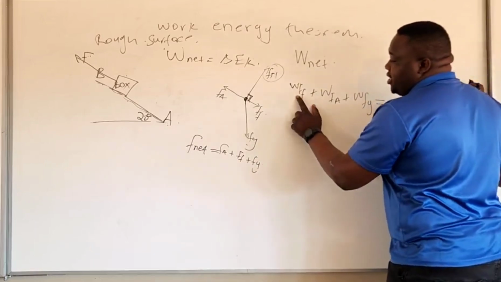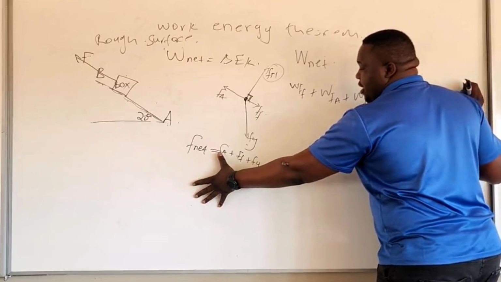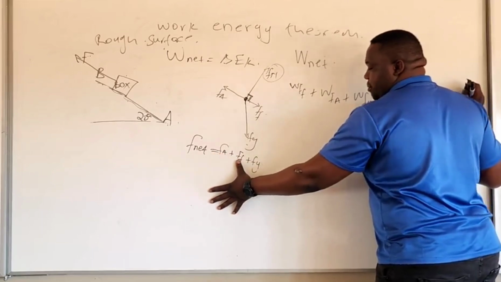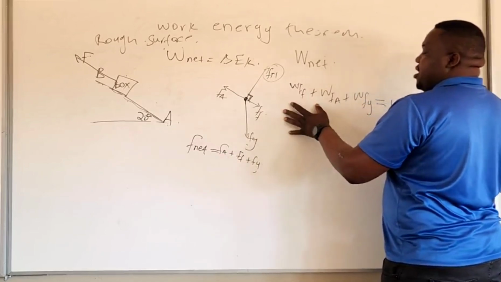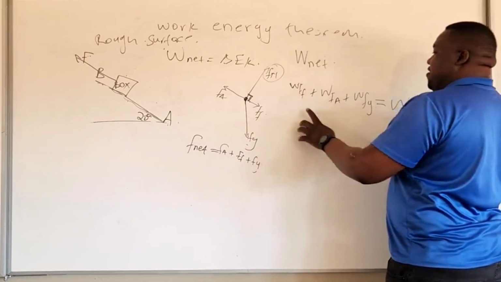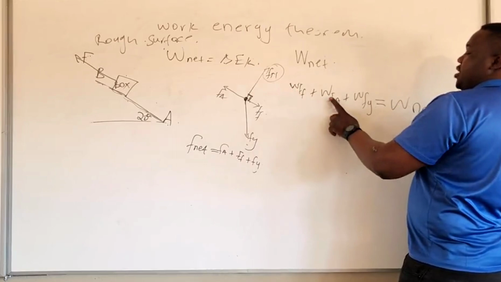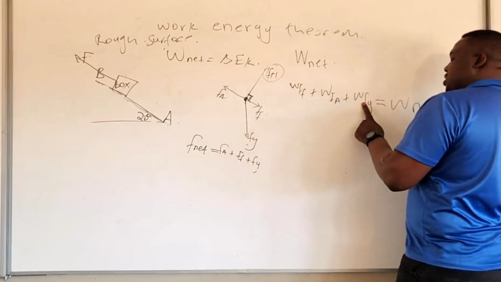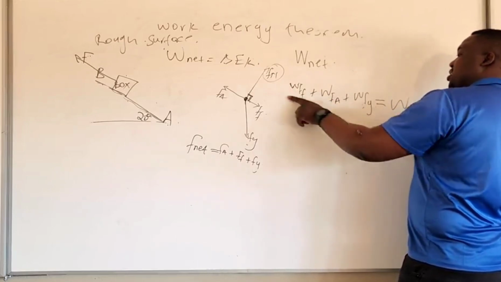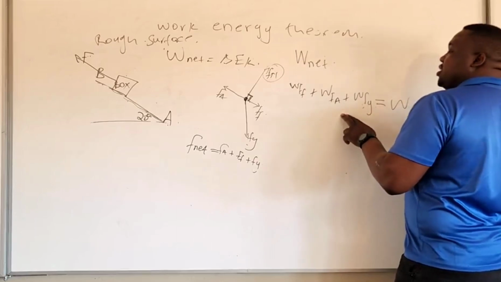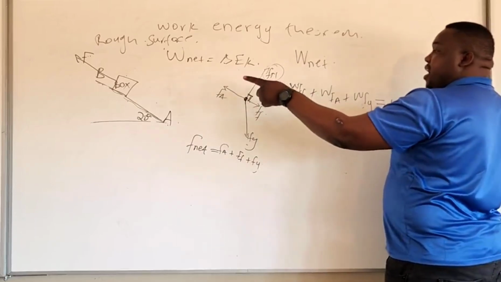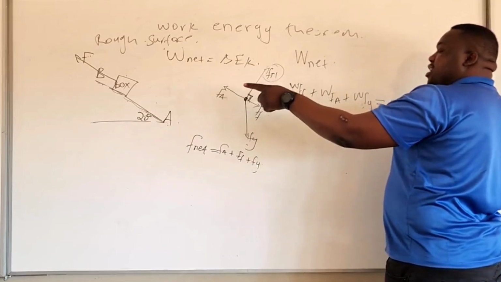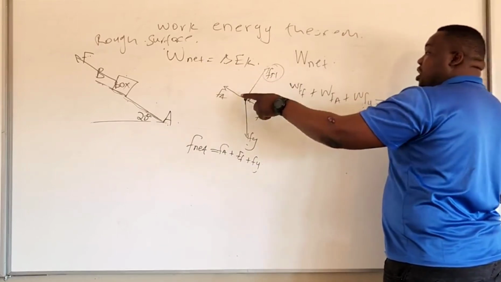It means that net work is going to be work done by applied force, work done by frictional force, and work done by gravitational force. Why did I write these three forces? Because these forces are the ones acting on that box, and since they are acting on that box, they are the ones doing work on that box.